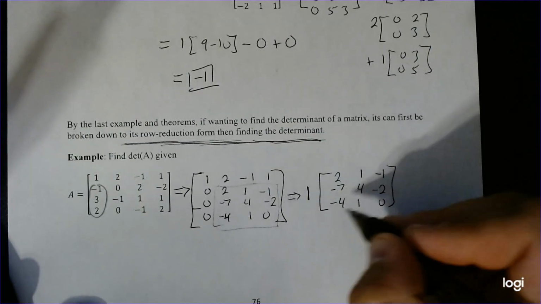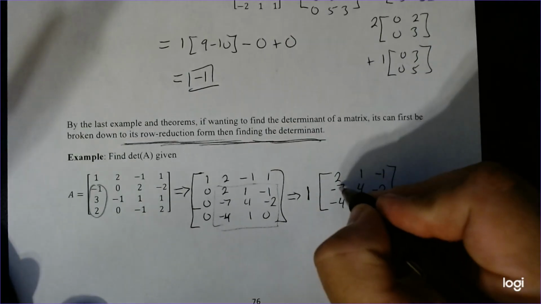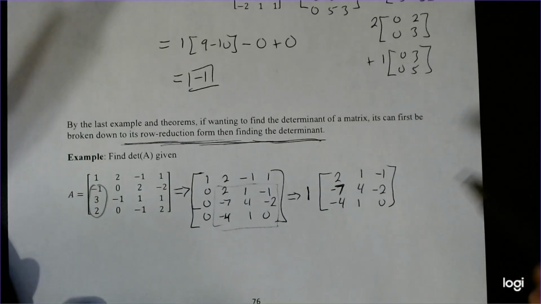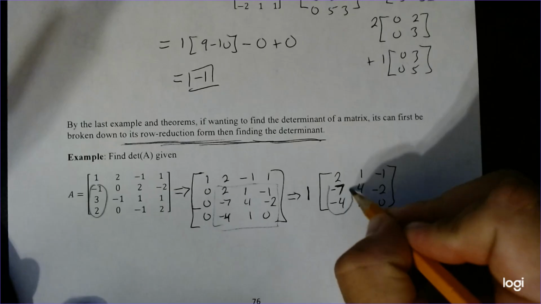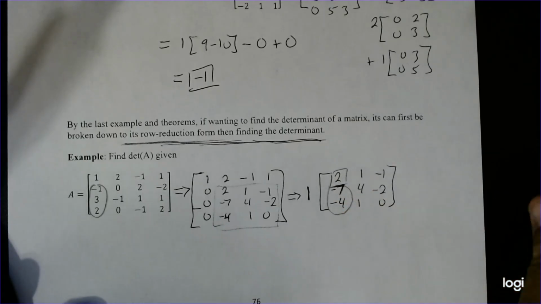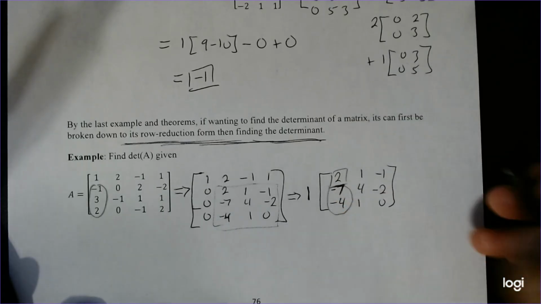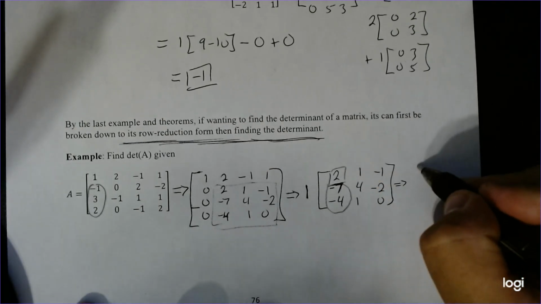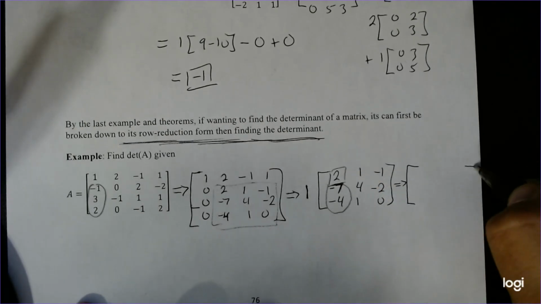Well, again, if you really want, you can now do a determinant of a 3 by 3, which is not too difficult to do. But why don't we just do the same process again? Meaning, let's row reduce this in such a way that, again, these are zeros, and this is now a 1 again. So if I do that one more time, and again, just slowly manipulate this, I get this matrix here.